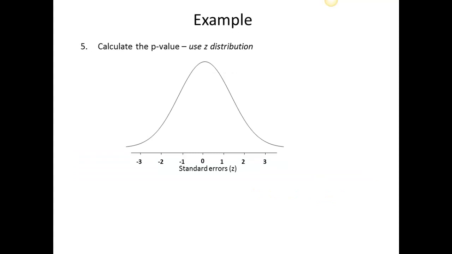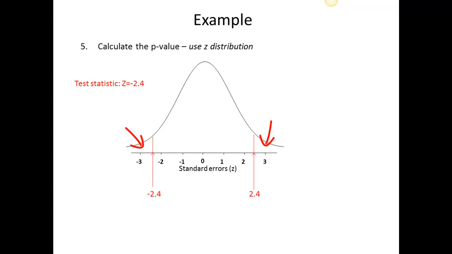Next, we work out a p-value. It can be helpful to see a picture of what we're doing when we do that. So here's the standard normal distribution. We've calculated a test statistic of minus 2.4 here. So we want to work out the area in the two tails beyond minus 2.4 and plus 2.4. That area corresponds to the p-value for observing a difference as extreme as 2.4 standard errors away from the hypothesized null value.